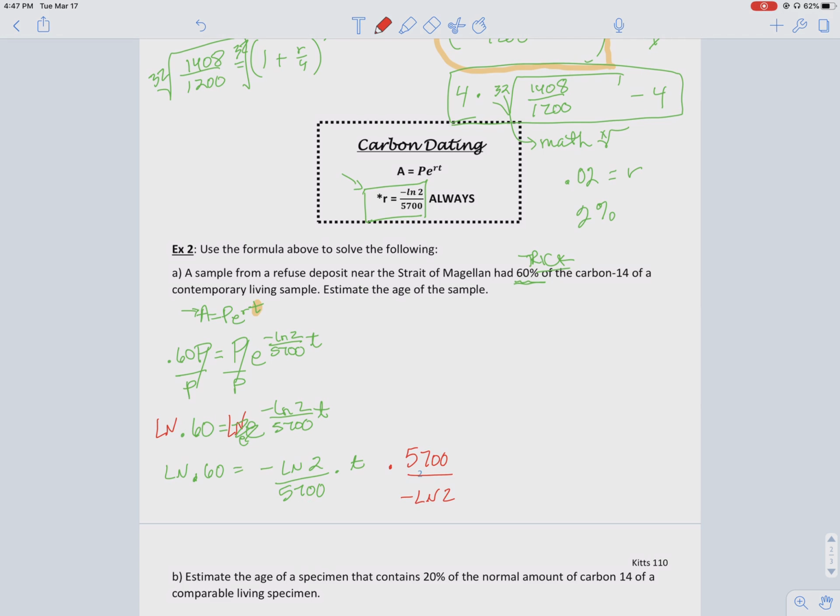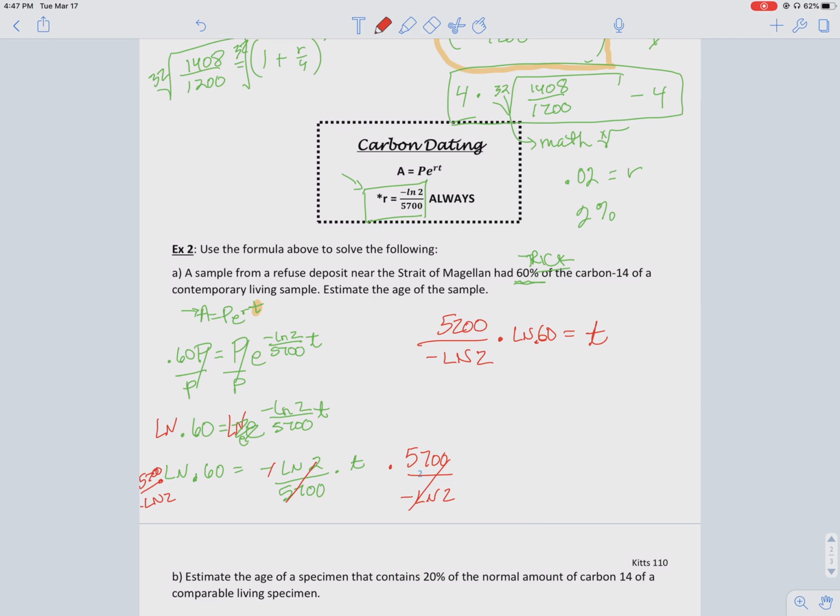So that's what I'm going to multiply this by, 5,700 over the negative natural log of 2. Everything's going to cancel out, so that my t, I just have to have that 5,700 over negative natural log of 2 times the natural log of 0.60.